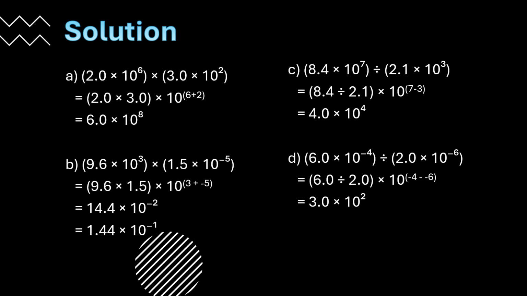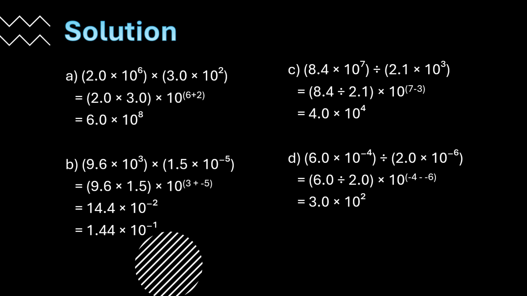All right. Now, about the exponents, we have 3 plus negative 5. Now take note that 3 and 5 are not of the same sign, so we're going to subtract the two numbers and copy the sign of the bigger one.